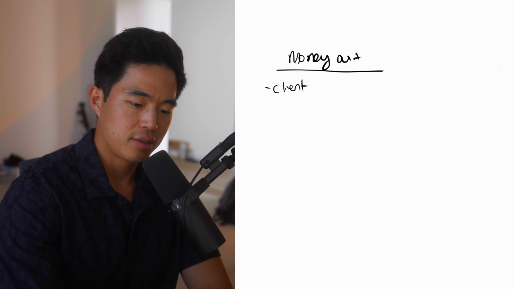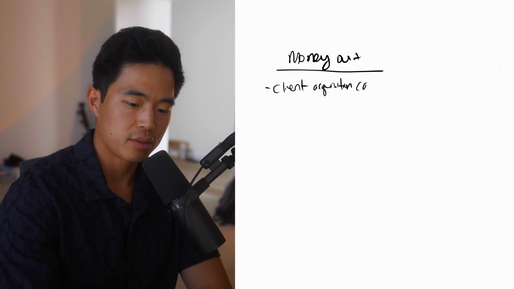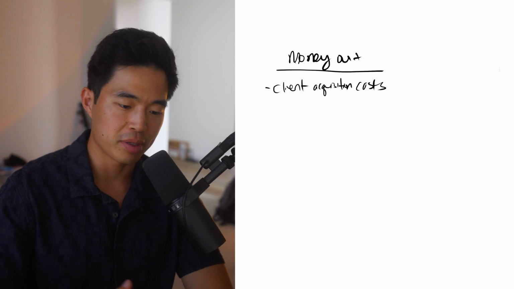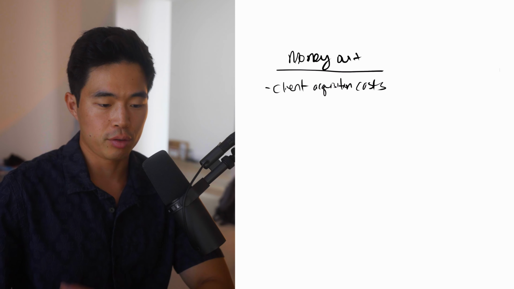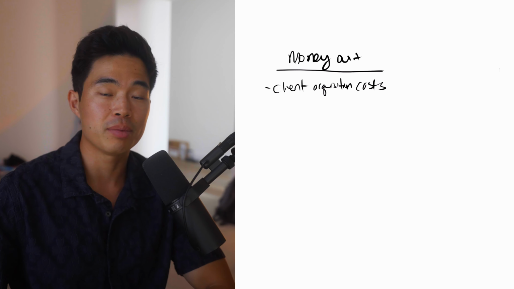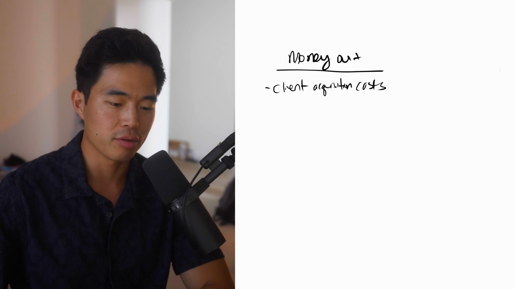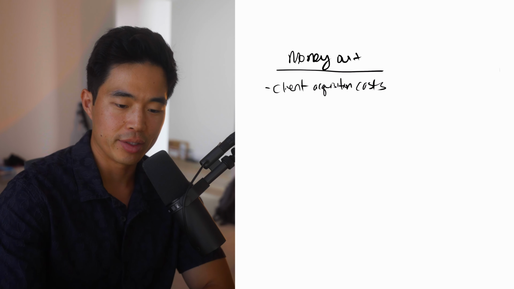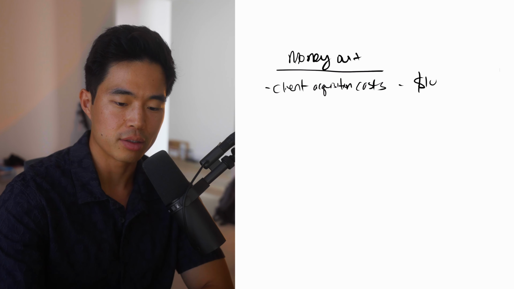Actually, okay, so let's talk about client acquisition costs, right? A lot of you guys watching this video might have a service-based business where you work with clients, and to acquire clients, you probably need to pay some type of money, right? So there's a cost to acquire a new client, and let's say it's $1,000.